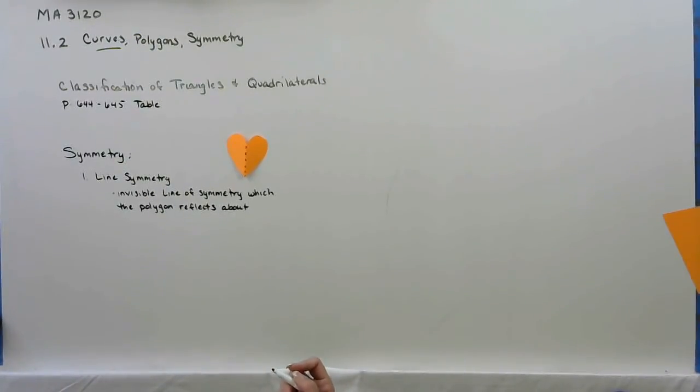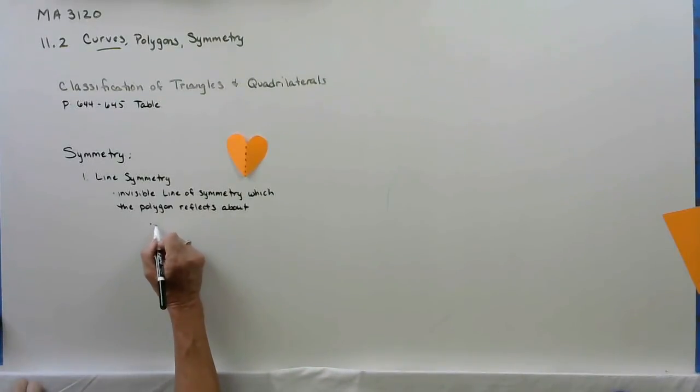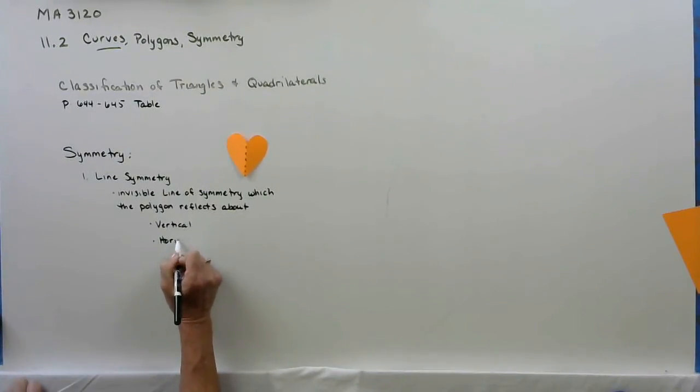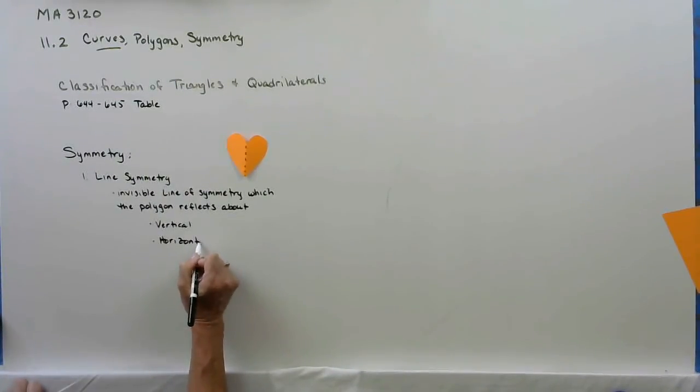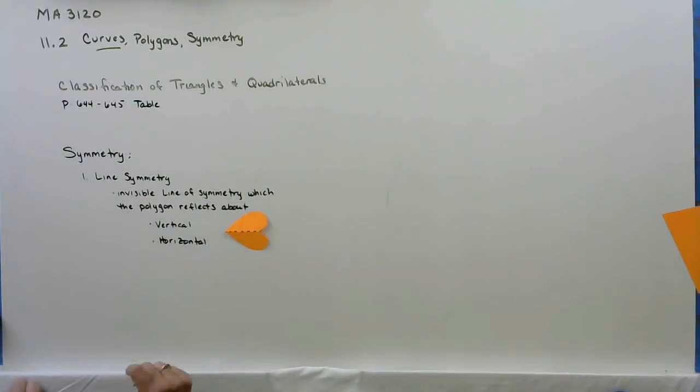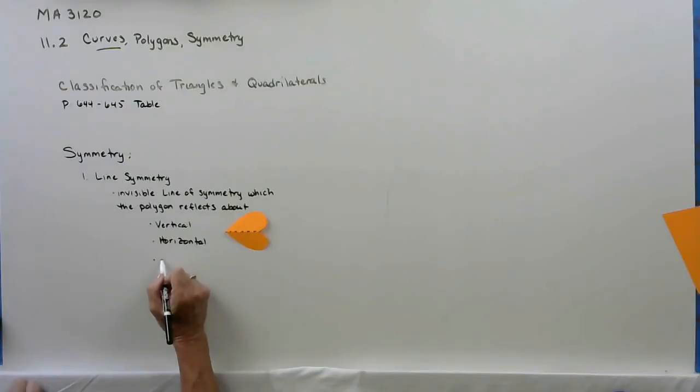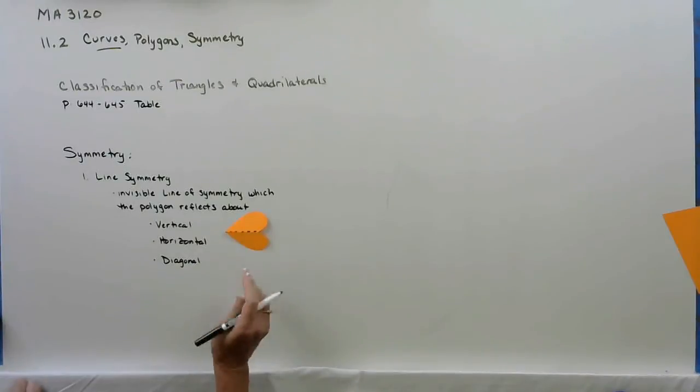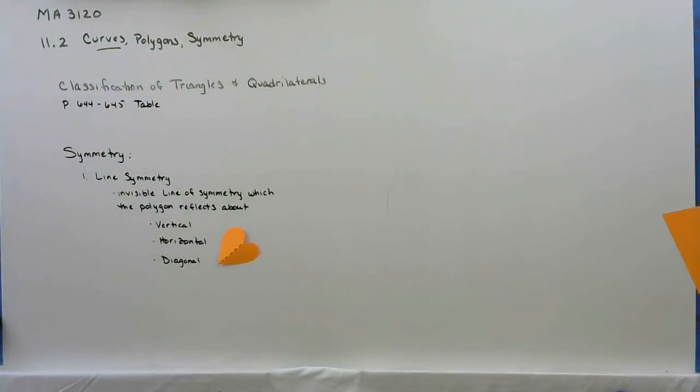And this line can be vertical. It can be horizontal, because I could honestly turn my shape this way. It could be some sort of diagonal line. So I could go diagonally.